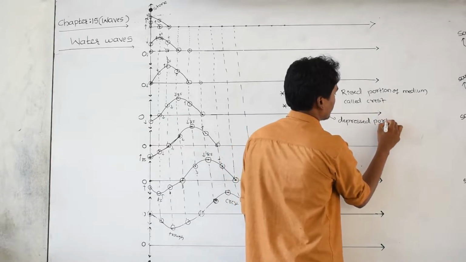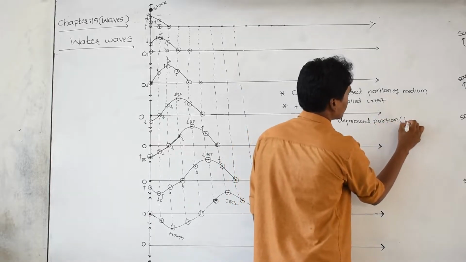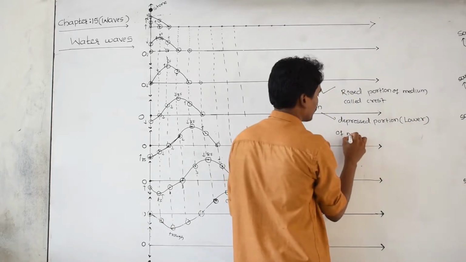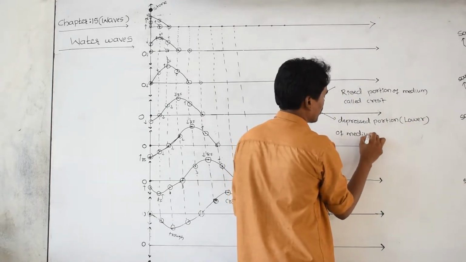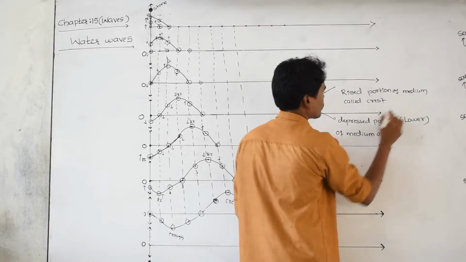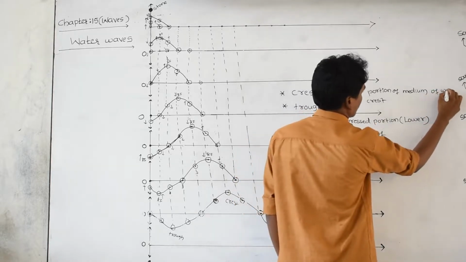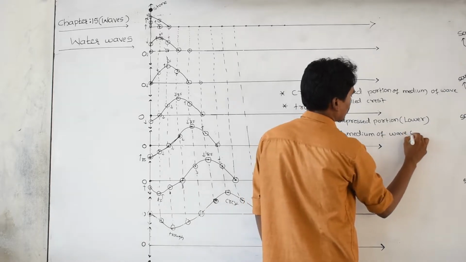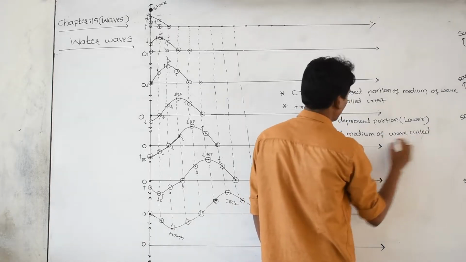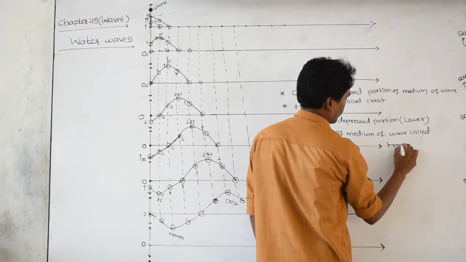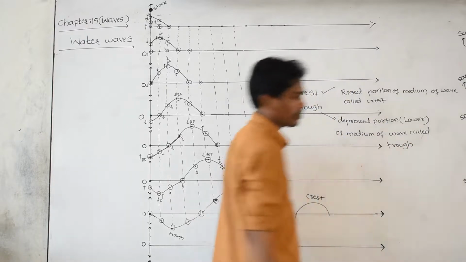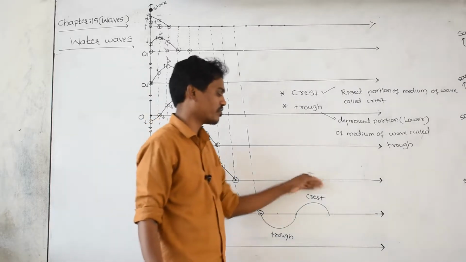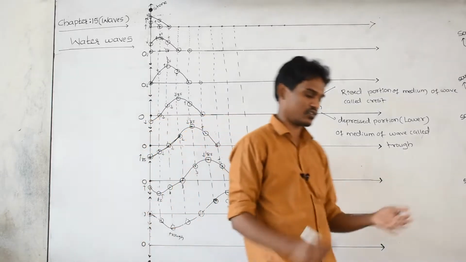The depressed portion means the lower portion of the medium of the wave is called a trough. Yes, this is a trough, crest, trough, crest, trough, crest.